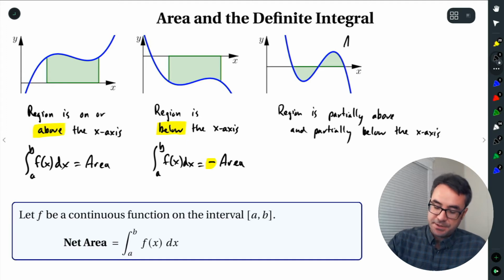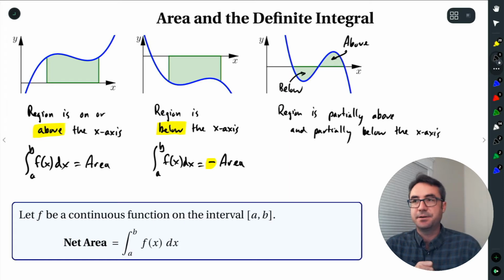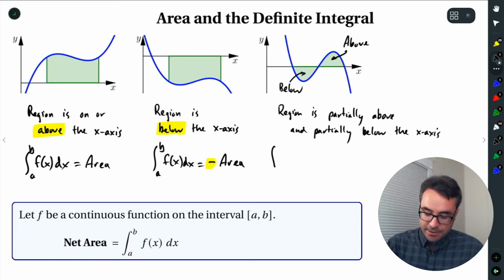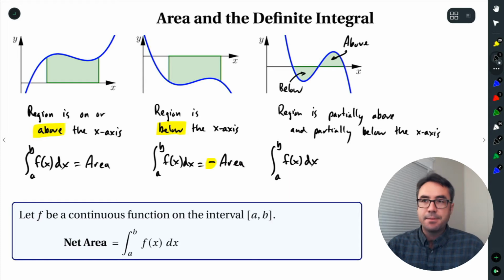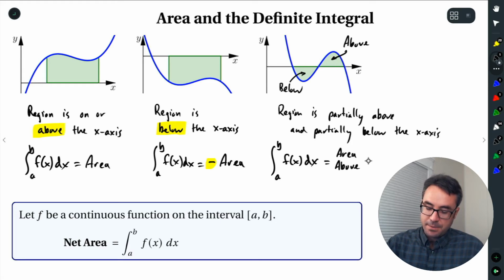So we have this section that's above the x-axis right here, and then we have this section that's below the x-axis right in here. And so it's still going to be interesting to calculate the definite integral from a to b of f of x dx. But what does this definite integral actually calculate? It calculates the area for this region that's above minus the area for this region that's below.